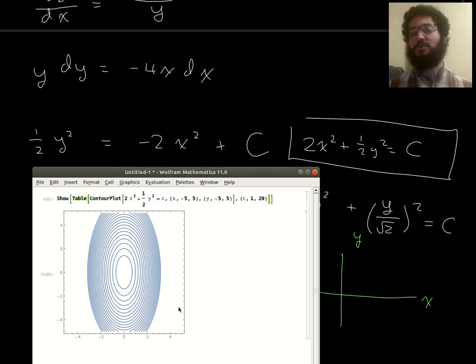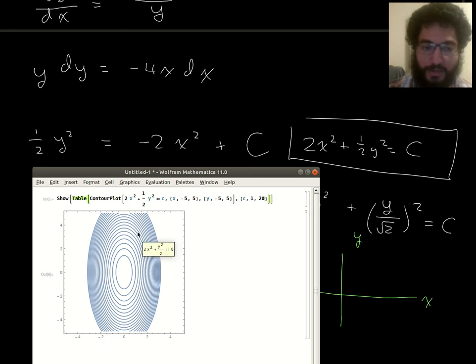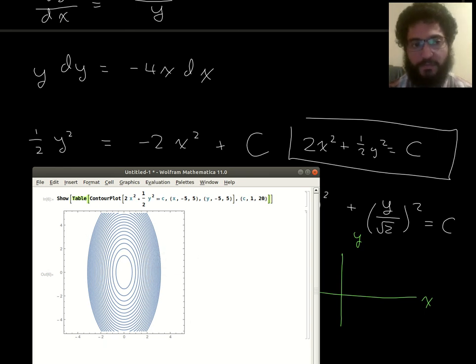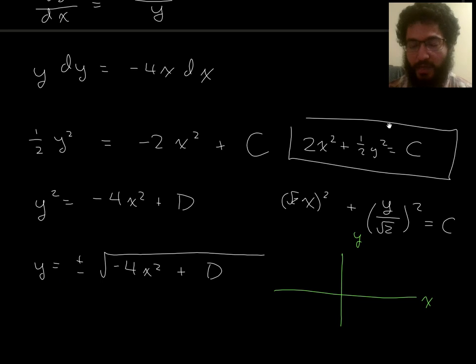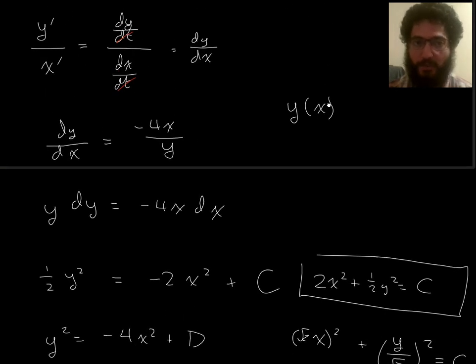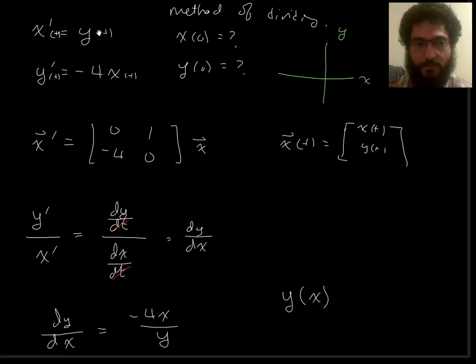Now, how will it travel along the ellipse? Will it go clockwise or counterclockwise? Will it travel quickly or slowly? Will it travel at different speeds along different portions of the ellipse? All of these questions are totally not answered by this x-y relationship. If you want to answer those questions, you need to know what is x of t and what is y of t.